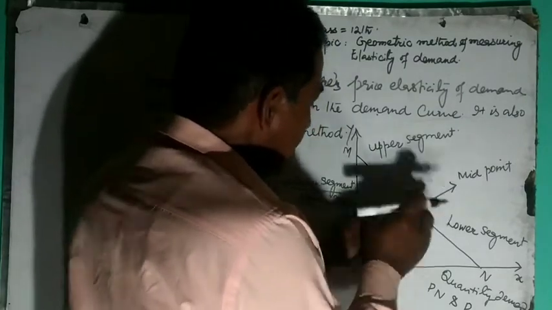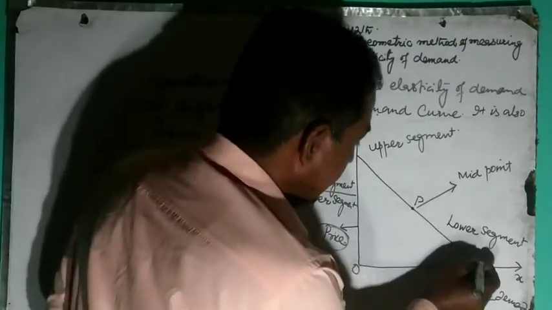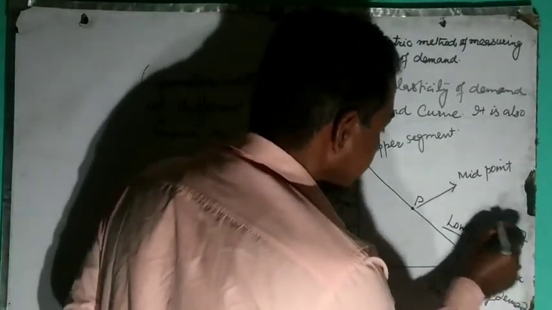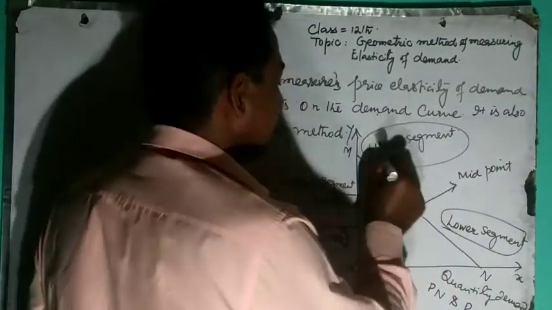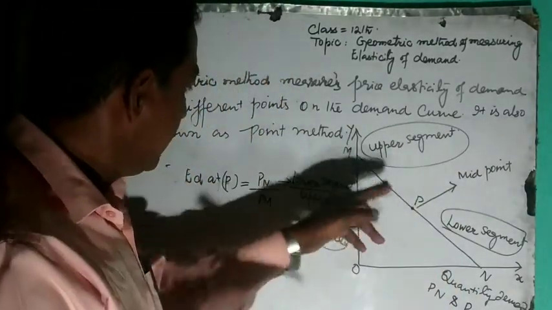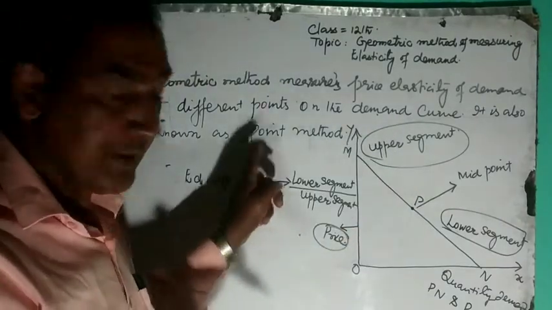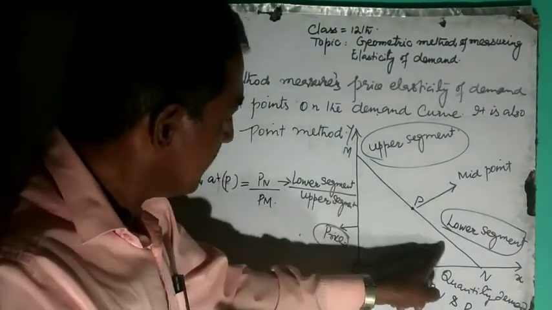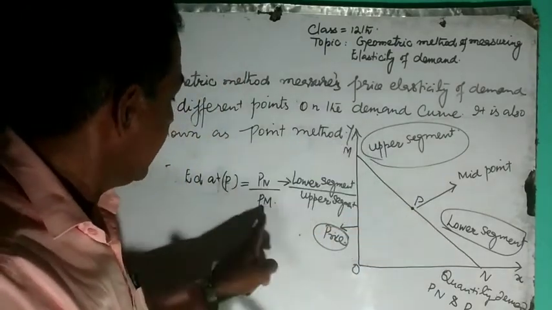This lower part is known as the lower segment of the demand curve and this upper part is known as the upper segment. Elasticity of demand at point P is then equal to lower segment, that is Pn, divided by the upper segment, that is Pm.